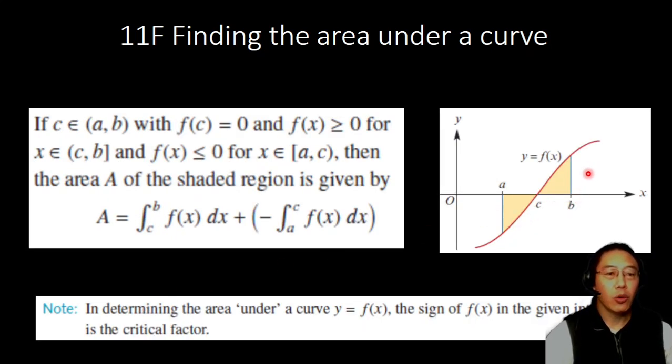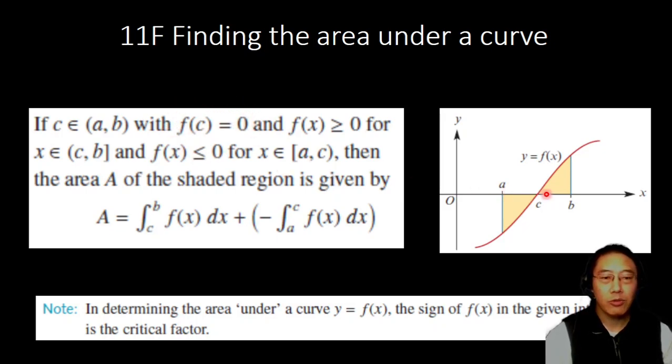This will be more the general situation. Your function is crossing the x-axis, so a section of it will be above the x-axis, another section will be below. That c-value is an element of that interval, so it can't be the boundary. F of c equals 0 indicates that it is an x-intercept, which is important as in some questions you will not be given the c value, so you will have to solve that equation for c.